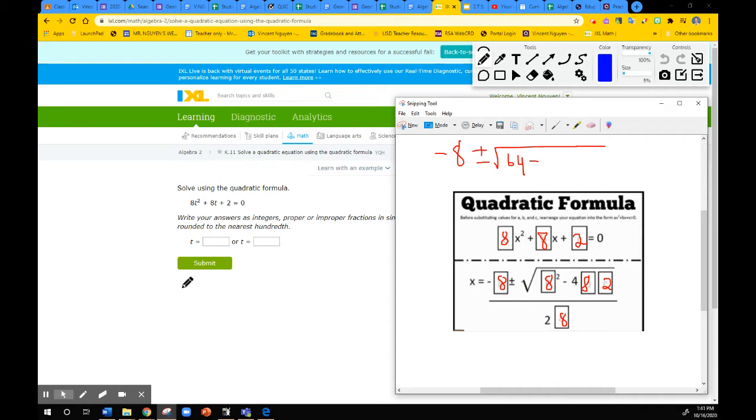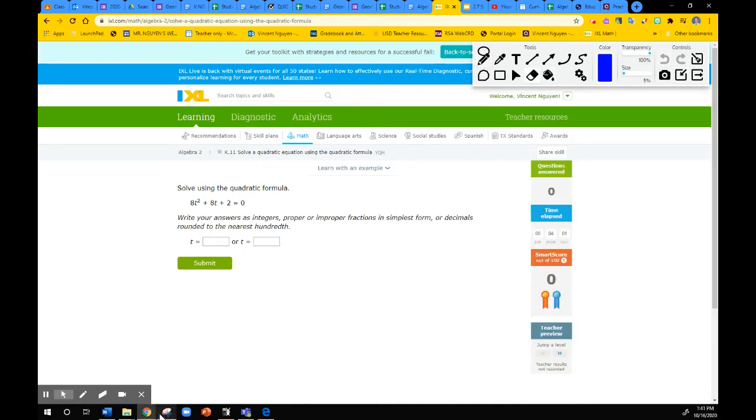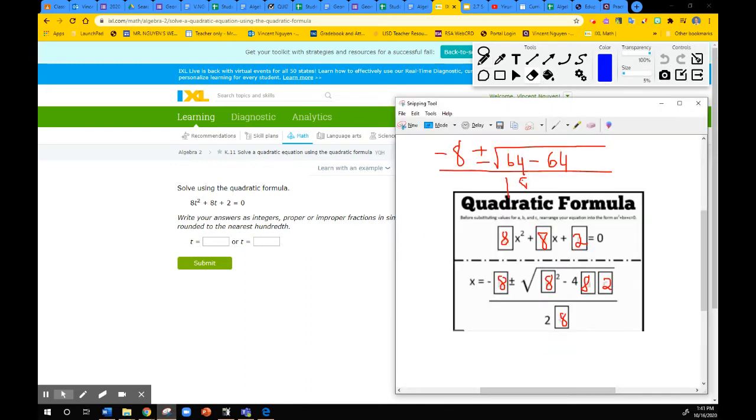So this is also minus 64. Well, then that becomes 0. And then 2 times 8 is 16. Oops, what am I writing? 2 times 8 is 16, so I'm actually going to write 16 here, right? 16. Okay.